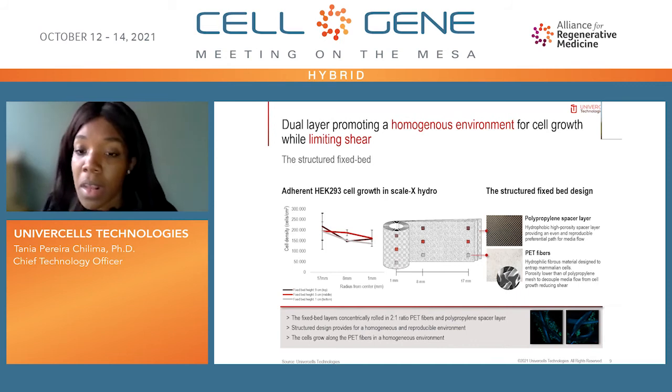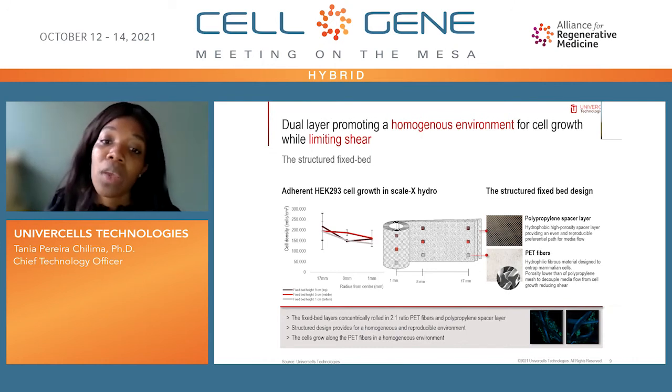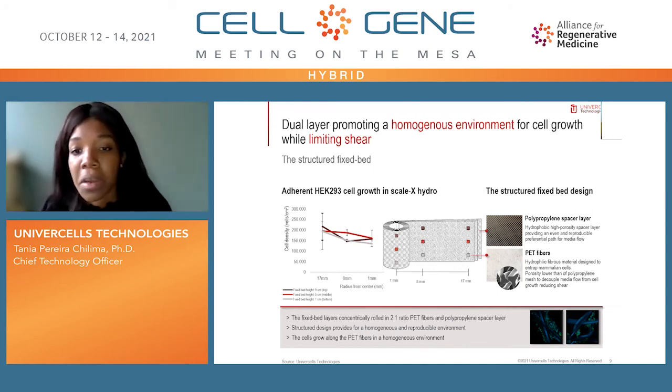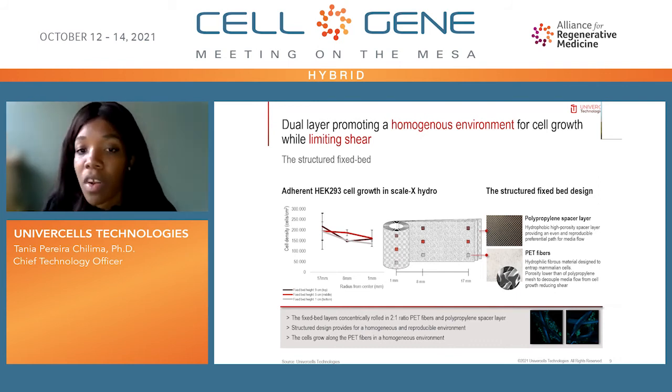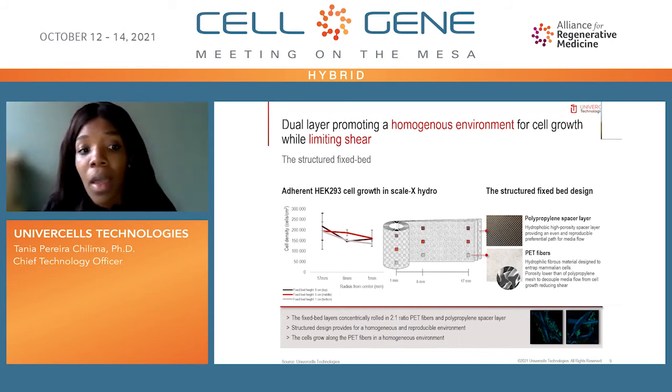To illustrate the structured fixed bed design that I just explained, this slide here just shows how the polypropylene mesh and the PET fibers are rolled together. And they are rolled in a 2-to-1 ratio. So you have 2 PET fibers, 1 polypropylene spacer layer.